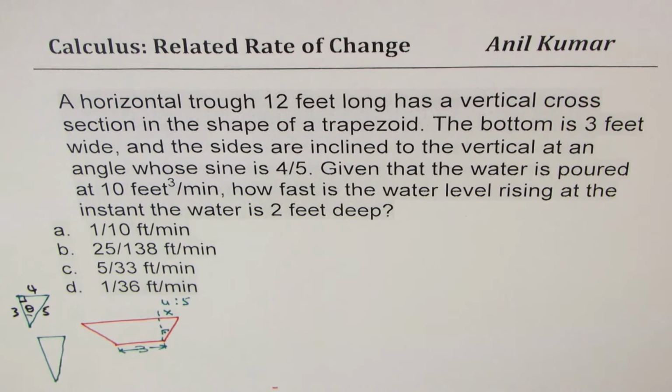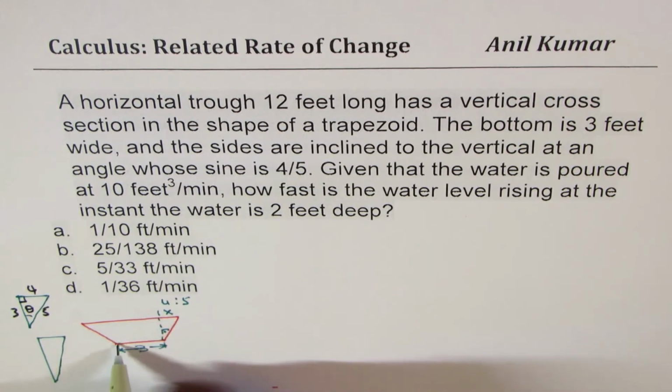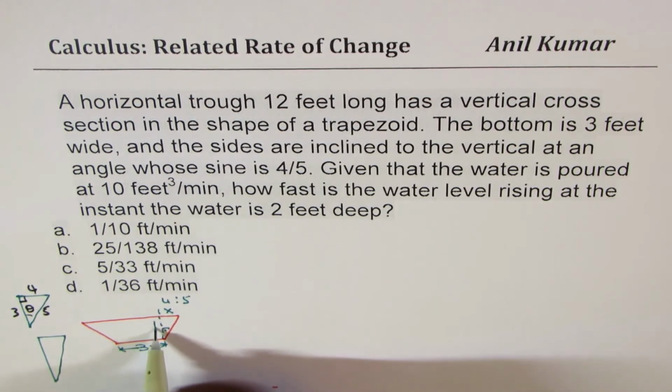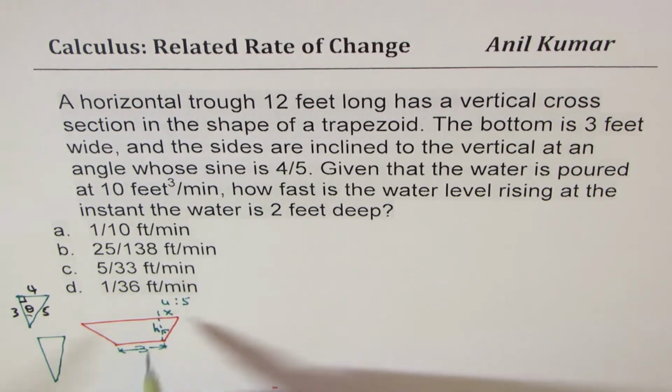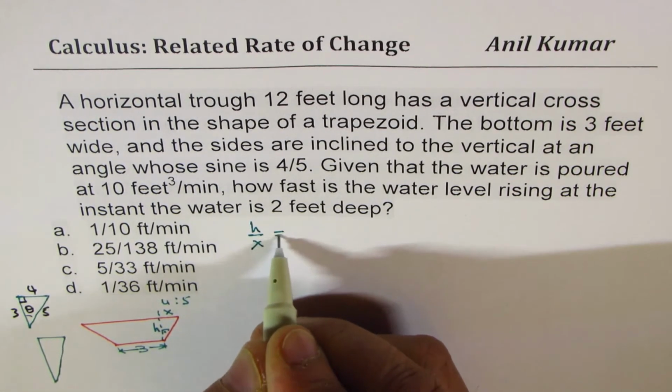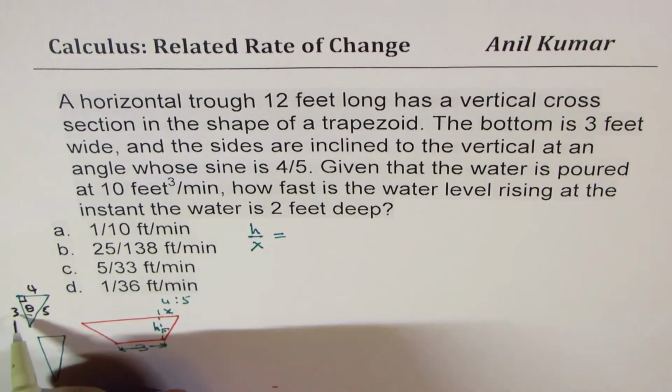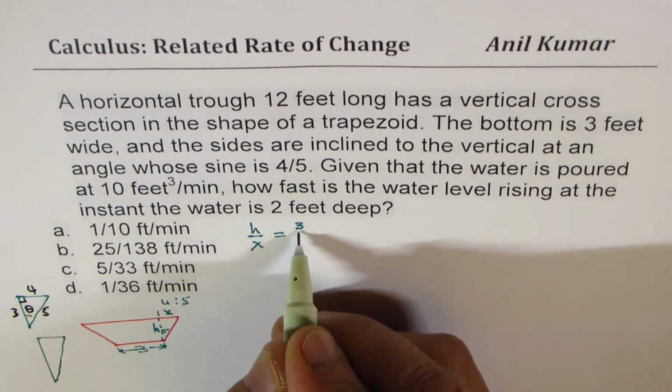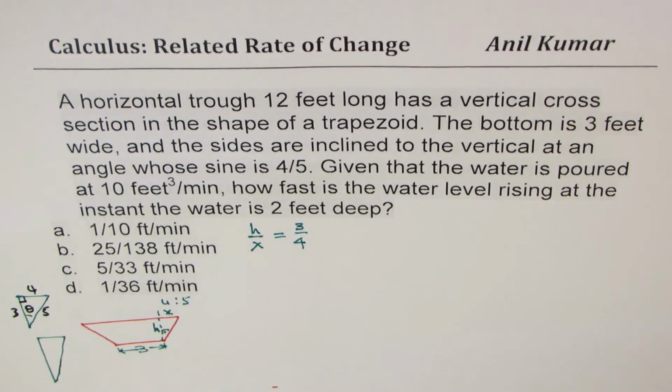You get the idea, right? So what we're trying to say here is that if this dimension is x, and that is height, then the ratio of height to x will be 3:4. That's what it means. Perfect.